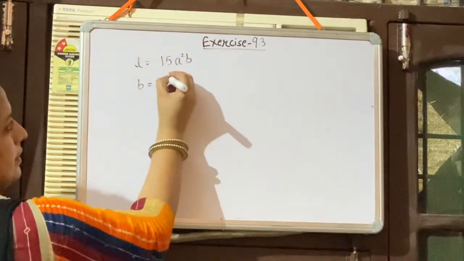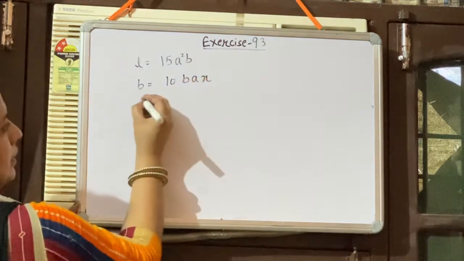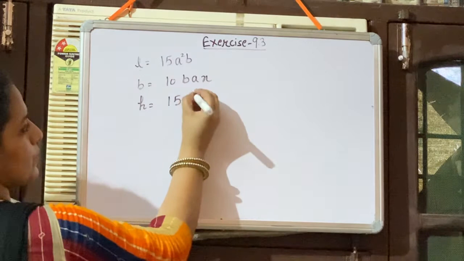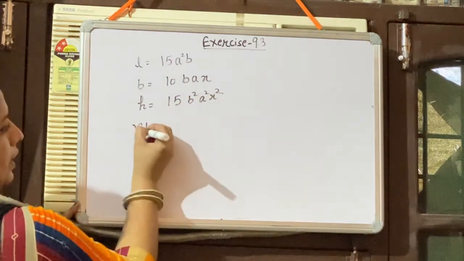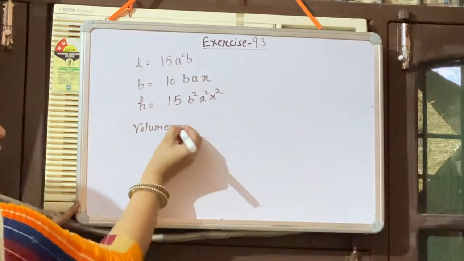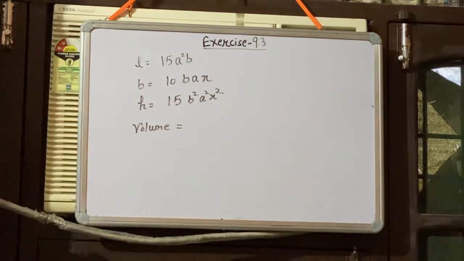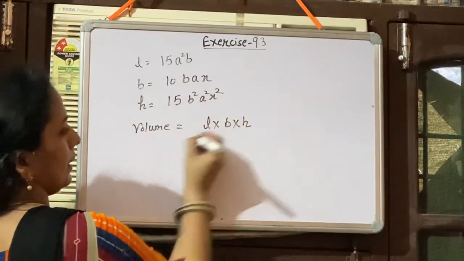Breadth is 10 b a x. Height is 15 b square a square x square. You have to find the volume of this rectangular box. First of all, write the formula of volume, which is length multiply breadth multiply height.